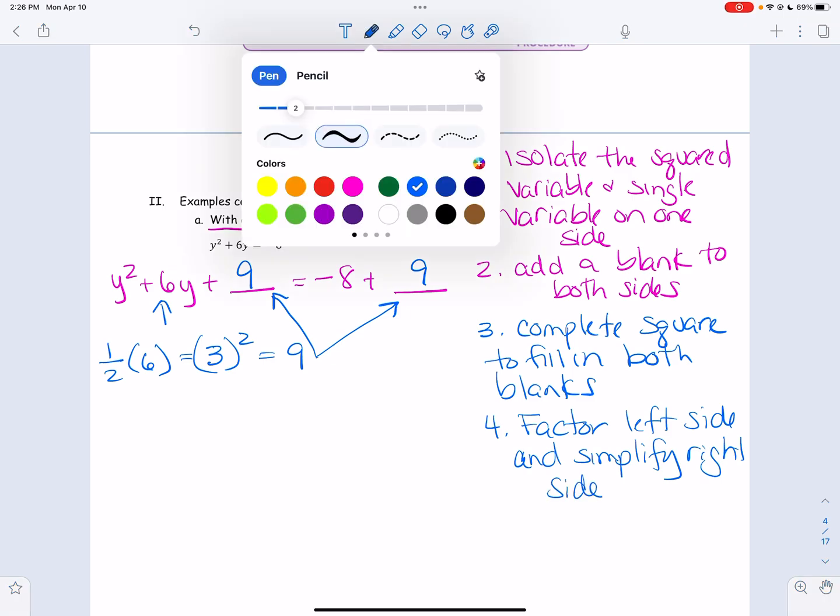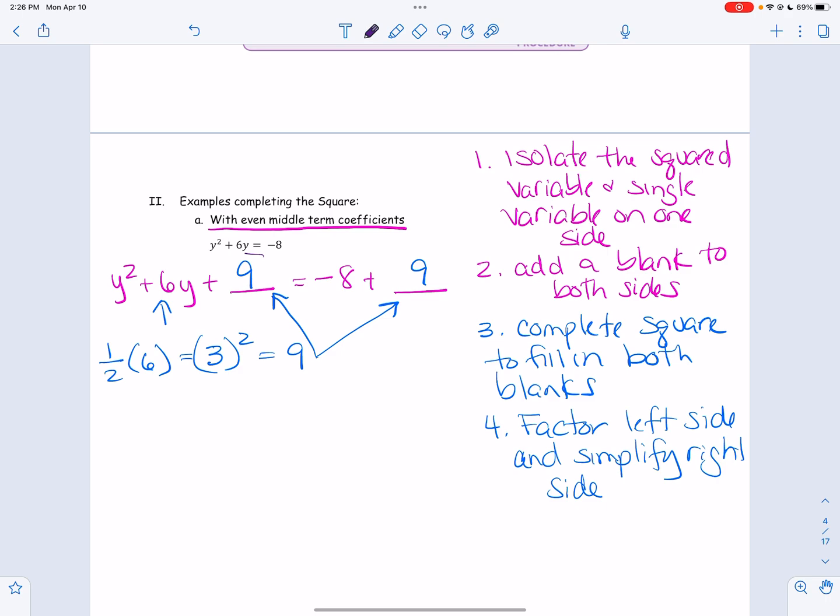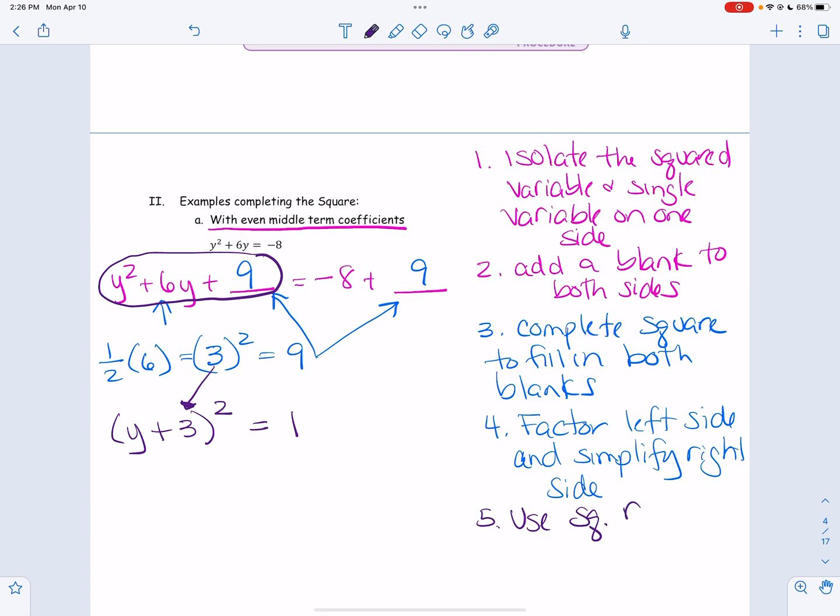So when I factor this side, remember my goal is to get a quantity squared. So whatever this number is goes right here, and -8 plus 9 is 1. Then step 5 is use the square root property.